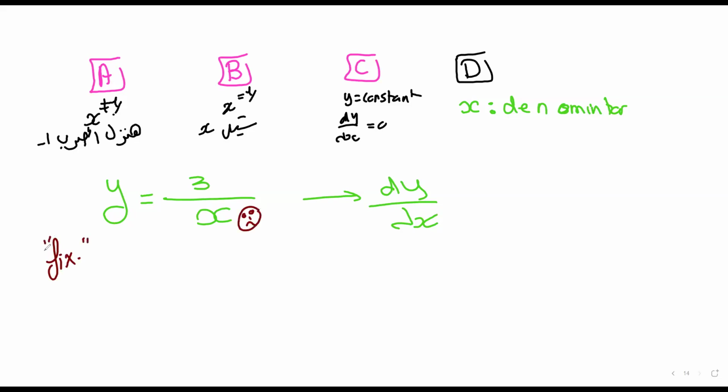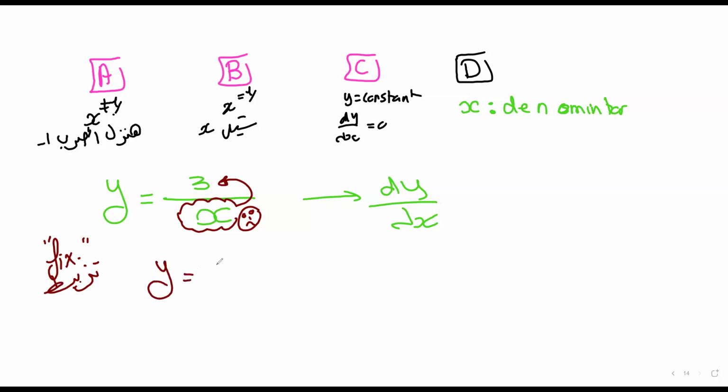How do I fix this problem? It's a very, very easy thing. All I will do is take this x and throw it up next to the 3. The equation needs some fixing first before I differentiate.